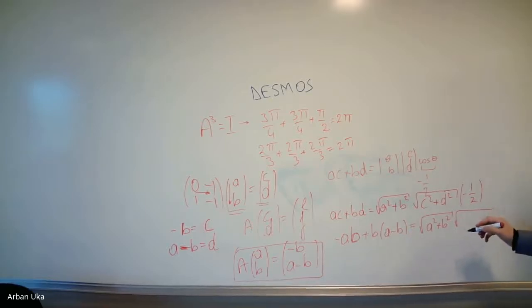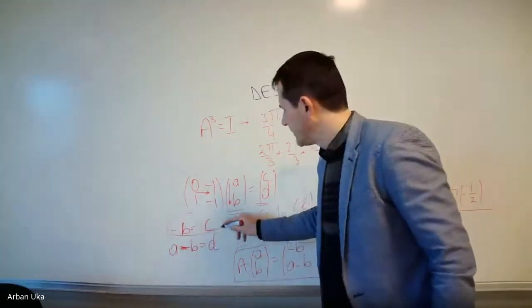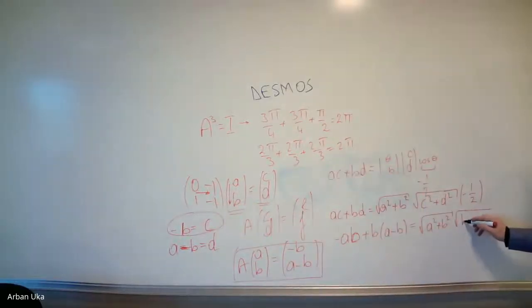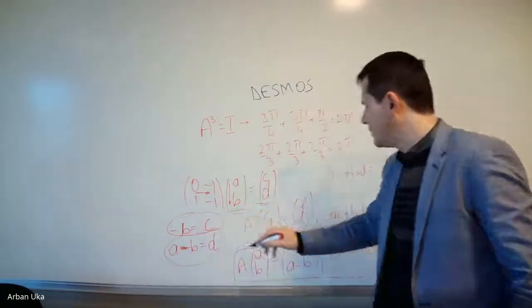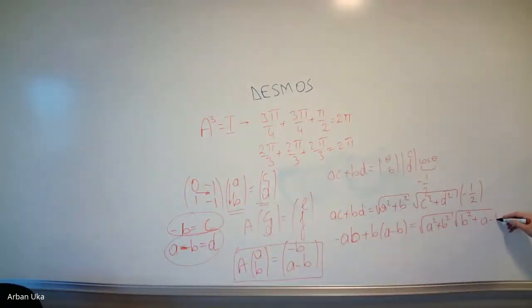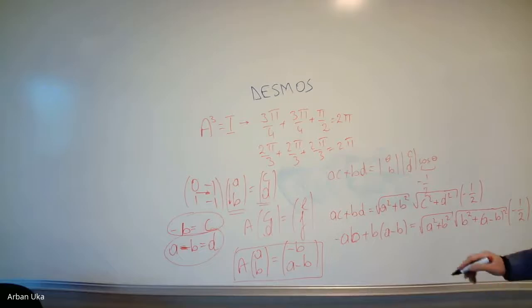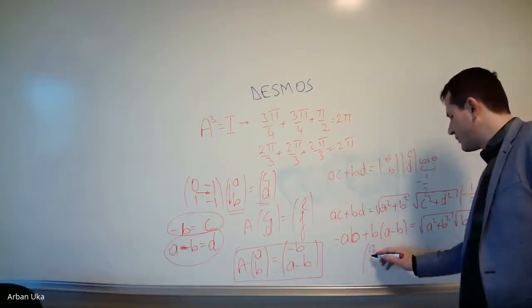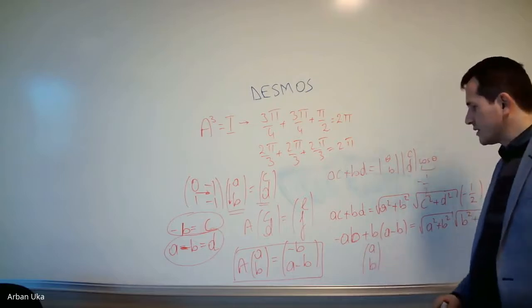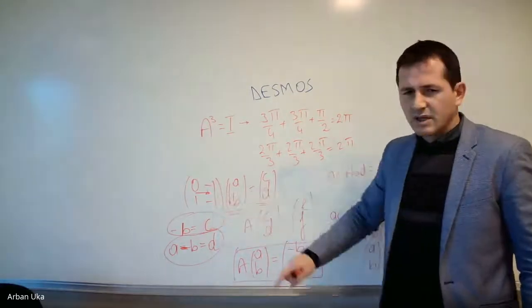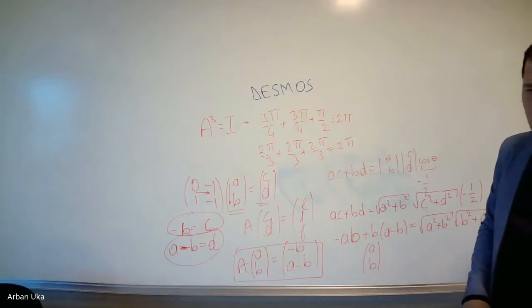C squared is equal to, what is C squared? Plus D squared, this is A minus B all squared, times minus 1 over 2. So this is one expression, and it is going to produce a pair of numbers A and B such that when they are multiplied with this matrix, they are going to rotate 120 degrees.